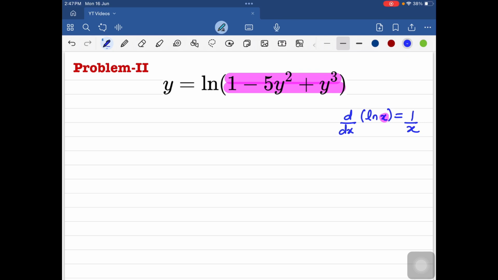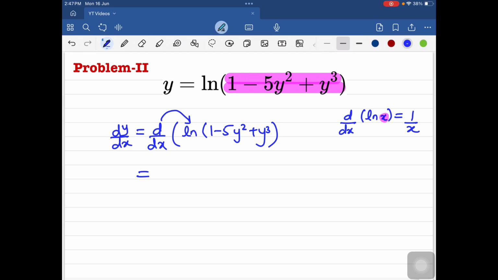Let's solve quickly. When we take the derivative dy by dx, I am again applying the derivative on the function ln of (1 minus 5y squared plus y cubed). I am going to apply the formula first on the outside function, ln. The derivative of ln x is 1 over x.